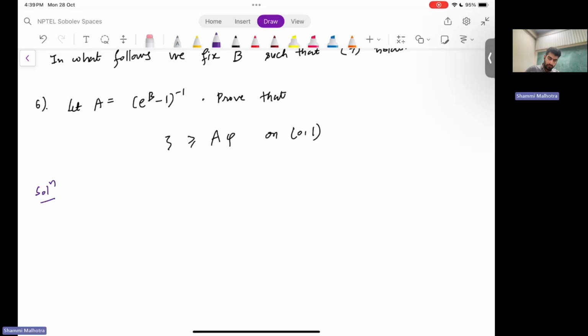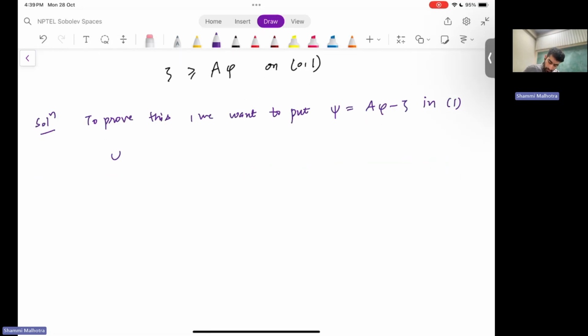So to prove this, we want to put psi equal to A phi minus zeta in H naught 1. And to put this in H naught 1, we need to prove first that psi 0 and psi 1 vanish on the boundary. So psi 0 is nothing but A times phi 0 minus zeta 0.